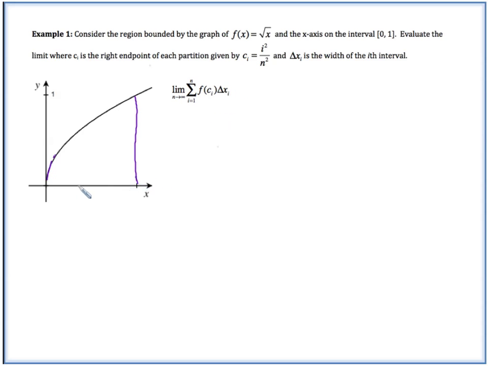Now we want to partition this up. Our first partition is going to fall right here, and since it's the first partition, we let i equal 1.